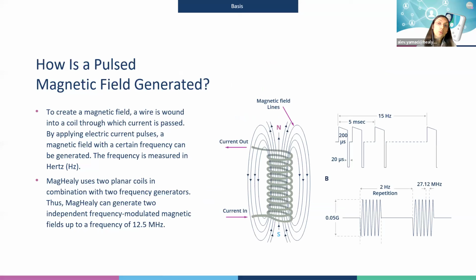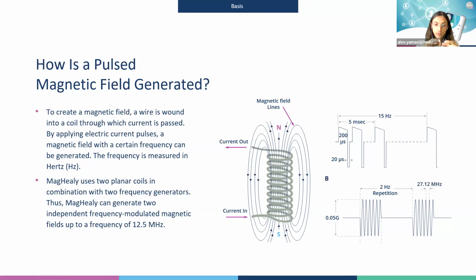So now we get to how it is actually created. How does an electromagnetic or magnetic field evolve, or how is it created by the MagHealy? To create a magnetic field, you usually need a wire, and this wire is wound into a coil. As you see here in the middle, you basically have a coil with lots of windings. In the MagHealy, it's a flat coil.